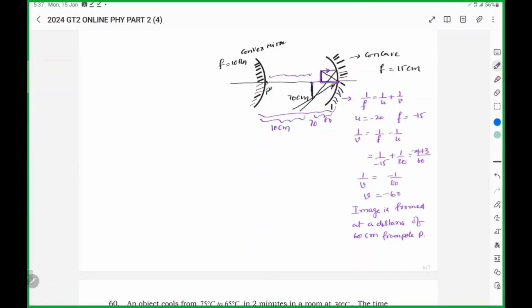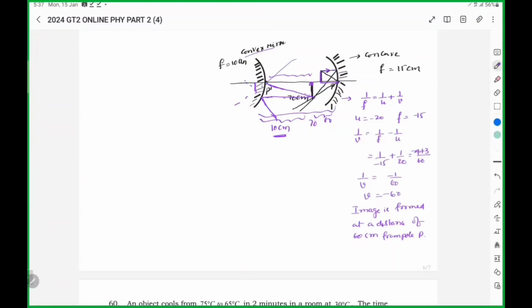So with respect to the convex mirror, the object is at 10 centimeters. Here a parallel ray incident on it gets reflected. Another ray you take, incident at this point, and these extended rays form an image somewhere here.